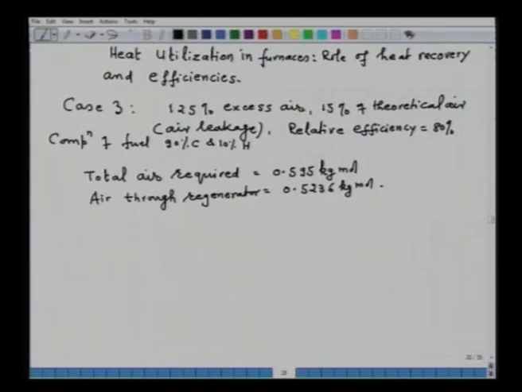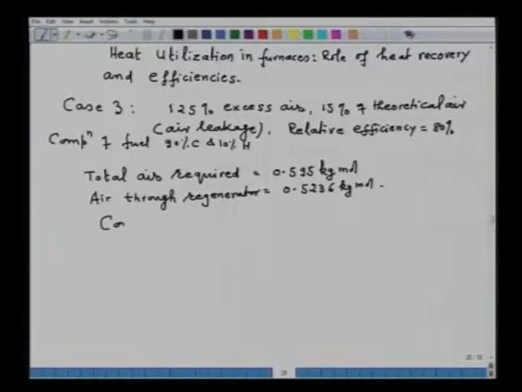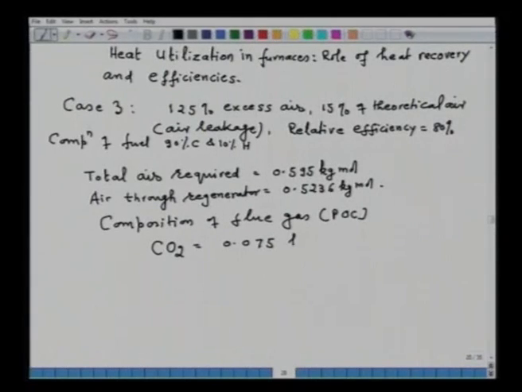So, now if I wish to represent the material balance of this furnace, which is equipped with the regenerator, then I also have to calculate the flue gas composition, or you can also call it POC. This composition will consist of CO2, equal to 0.075 kg moles.